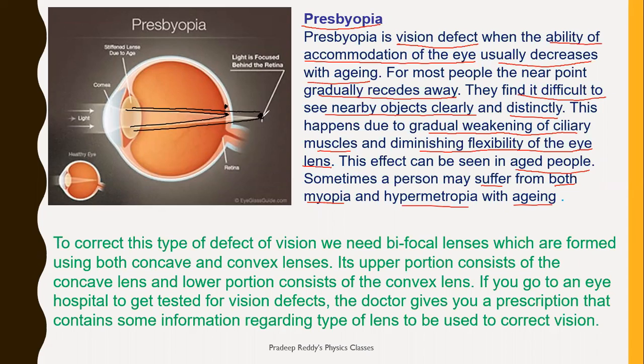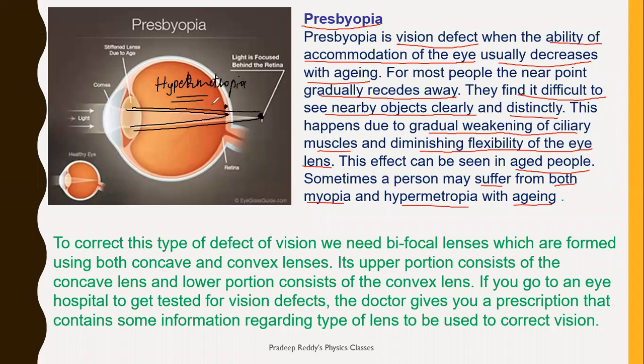If the image is formed beyond the retina, what kind of defect is it? Generally, it is hypermetropia. So as age increases, usually hypermetropia is the defect which is observed, due to weakening of the ciliary muscles. Now, it may not be hypermetropia for all people.